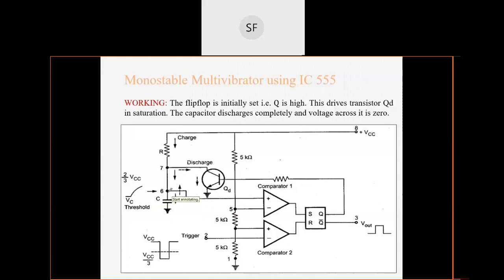So the voltage across the capacitor will become, what is the voltage across the capacitor? It is 0. Okay, and our stable state is here, 0.